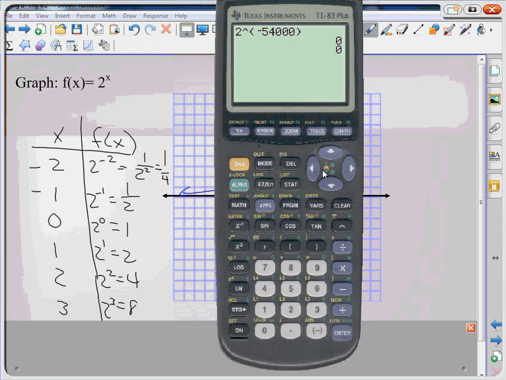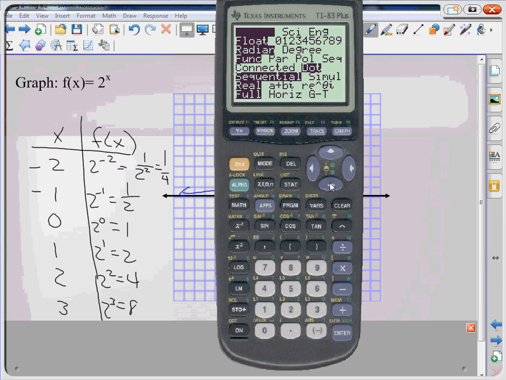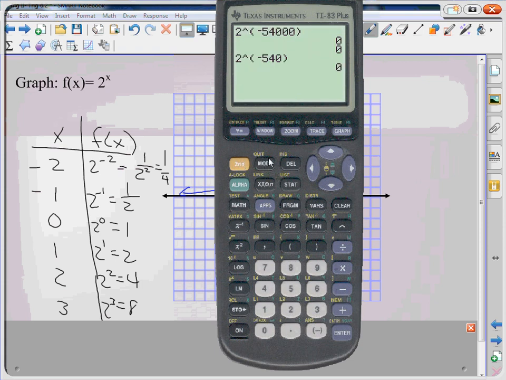It's not 0. You want me to do it? You're going to get the same thing. It should give it to you in scientific notation.